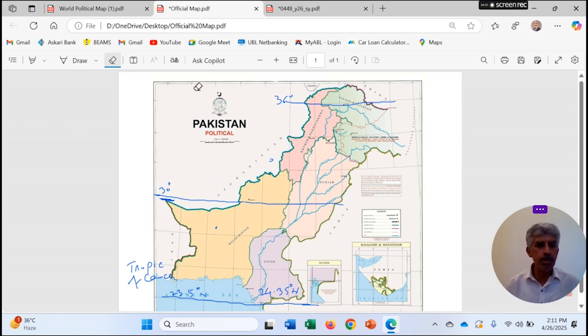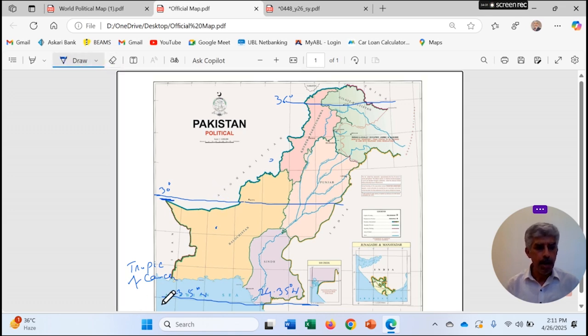So here are the 3 lines now. Right at the bottom, Tropic of Cancer, 23.5 degree north. If you write 23.5 degree or you write Tropic of Cancer, in both senses the answer would be considered correct. And as I gave you the hint, this edge of Pakistan towards Afghanistan is just below the 30-degree north line.